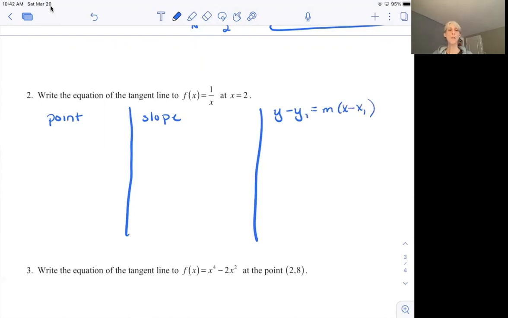Whenever I write the equation of a tangent line, I set up all my information on the top of the page like that. So if I want to get the point, that means I'm going to plug 2 into my original function. My point is the ordered pair (2, 1/2). If I want to get the slope, I have to find f'(x). In this case, I'm going to have to rewrite f(x) first, then find the derivative.